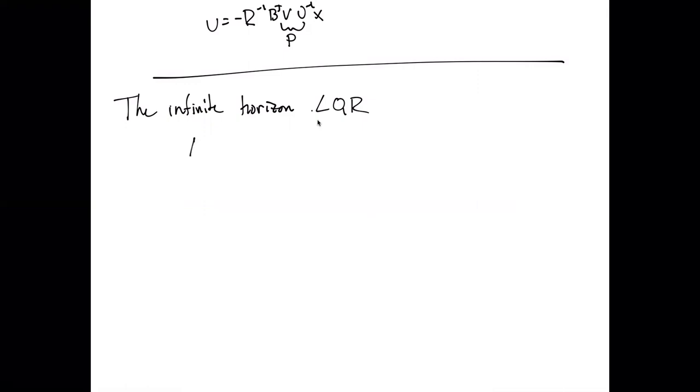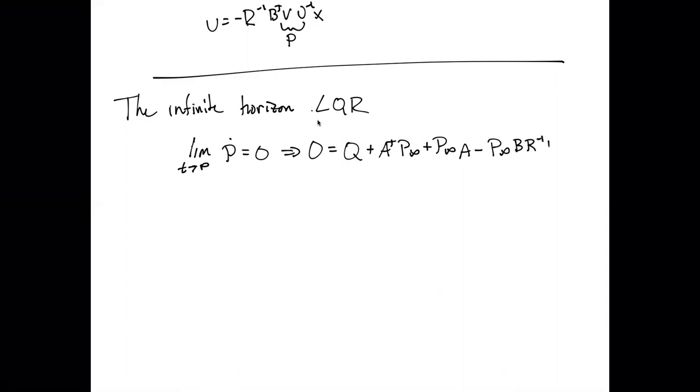So basically, we want to ensure that the limit as t goes to infinity of the derivative of P is equal to 0, which then will imply that 0 is equal to Q plus A transpose P at infinity plus P at infinity A minus P infinity B R inverse B transpose P at infinity.